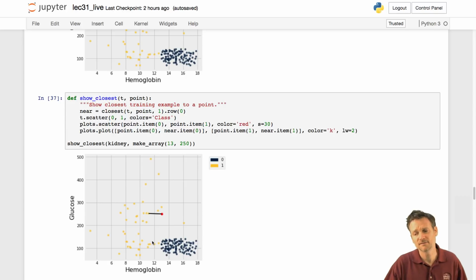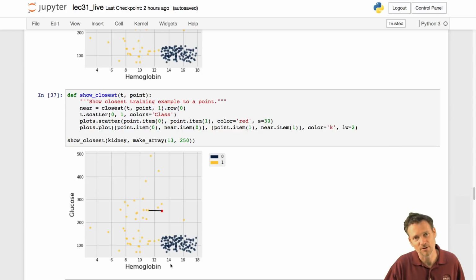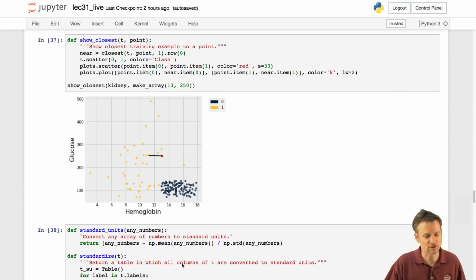So you can fix this problem if you first take these numbers and standardize them to put them in standard units. And it turns out that's often a very good idea when you're using a nearest neighbor classifier: first you should standardize the units of all your attributes so that you're computing distances on the standardized units. So let's see what happens.